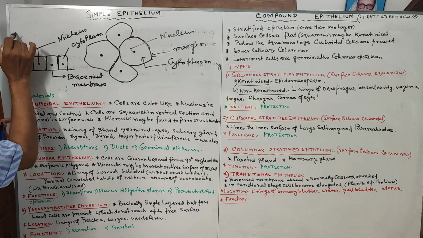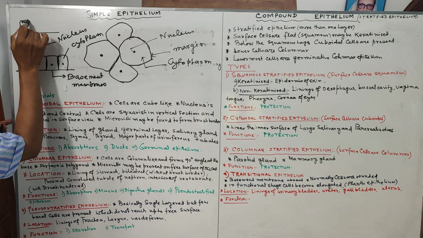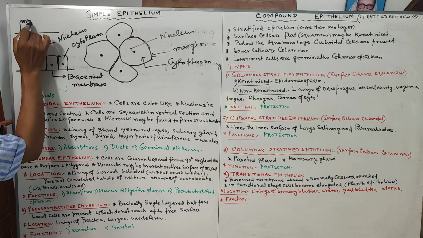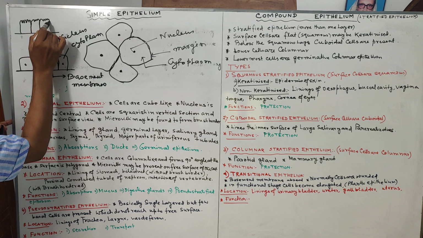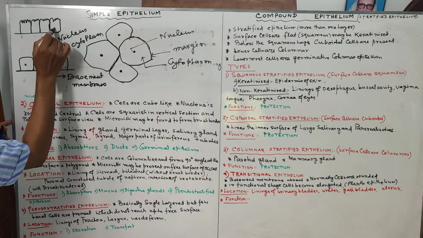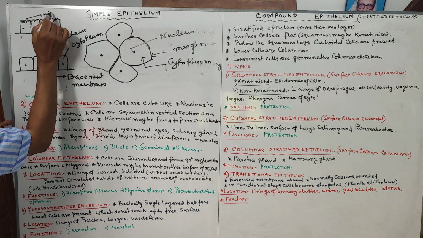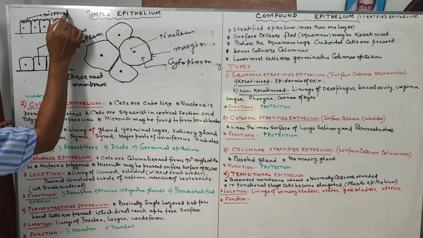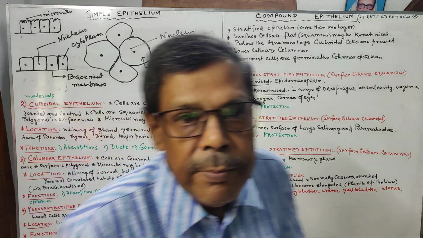Sometimes it bears microvilli, that is the brush border cell. This is a microvilli. This is cuboidal epithelium.